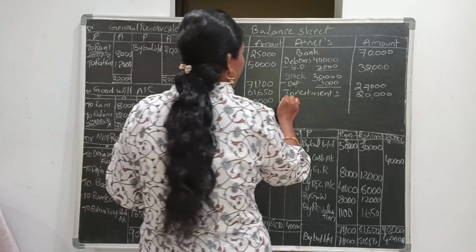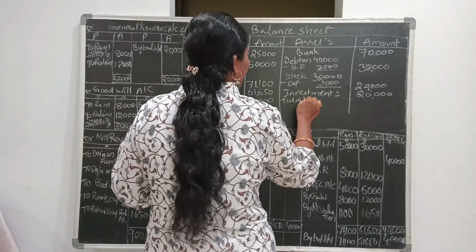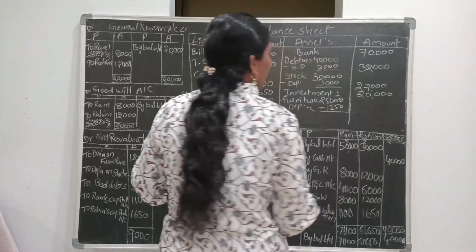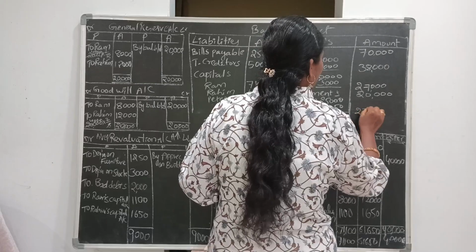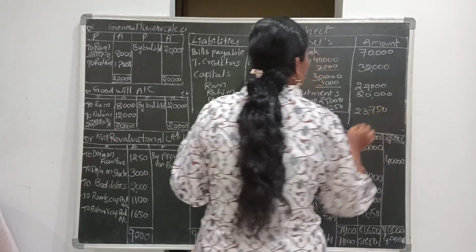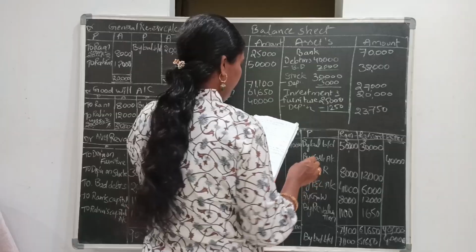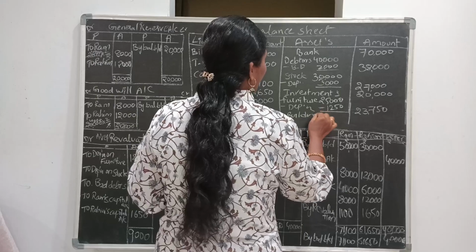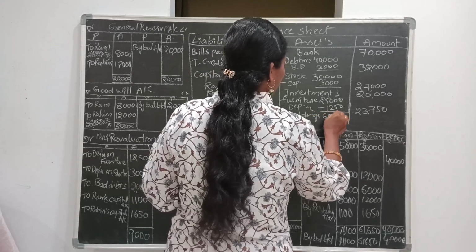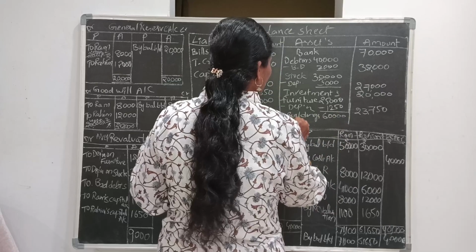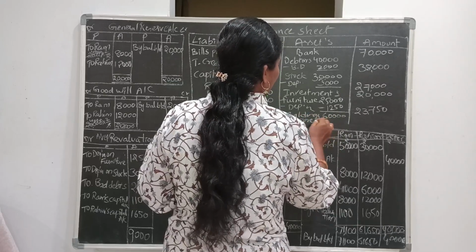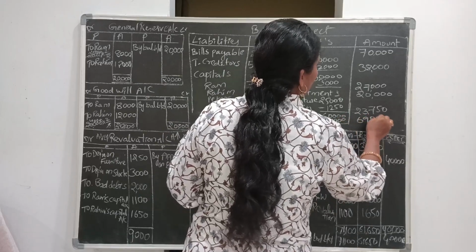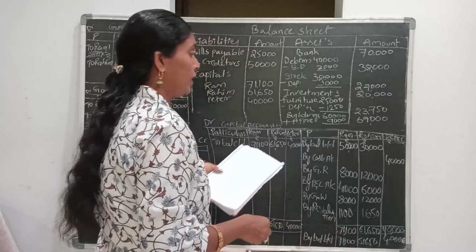Next, furniture. 25,000 minus depreciation. Deduct from 25,000, 23,750 is the amount of furniture. Buildings. Appreciated, right? So 60,000 plus appreciation on buildings, 9,000. So 69,000 is the building value.